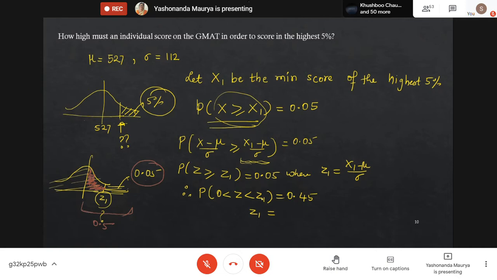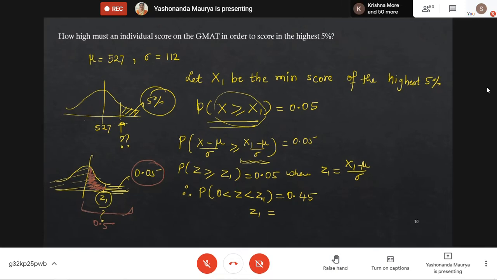1.645. So what is z1? z1 is 1.645. So we got the value of this z1. Okay, but we do not require z1.